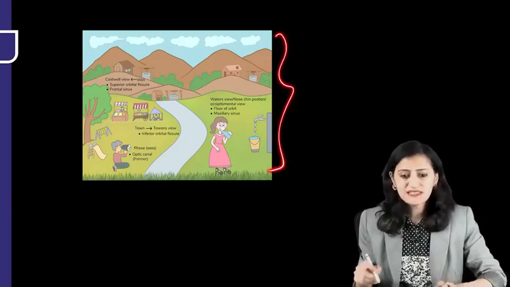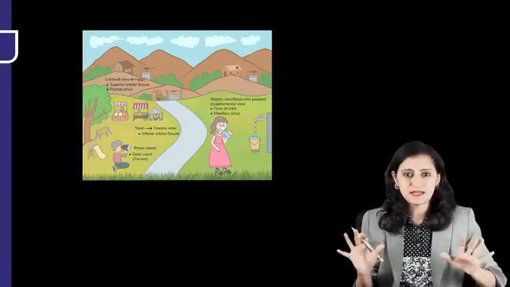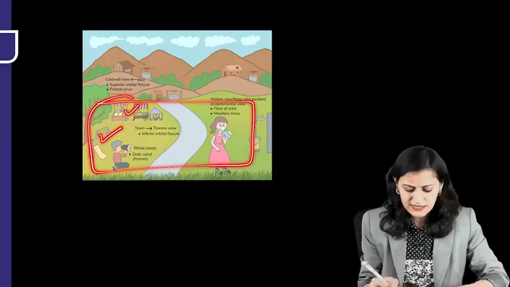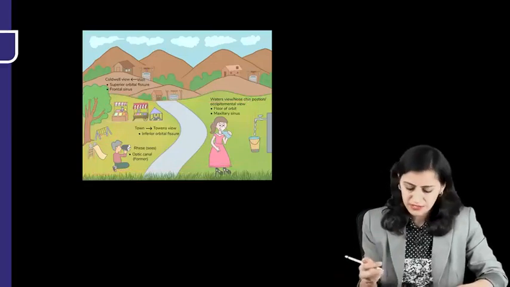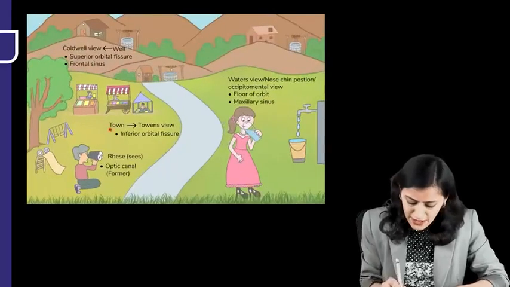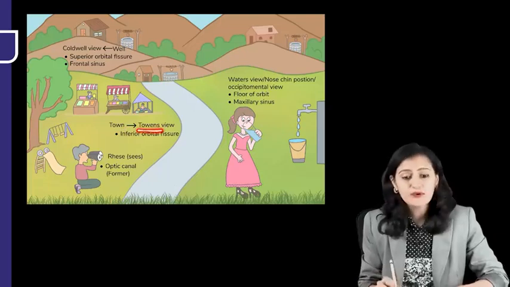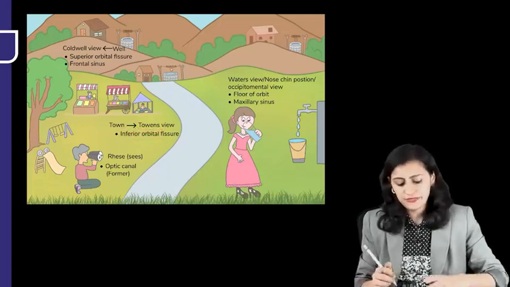Imagine there is a hilly place, and the main town where all the activities are, the park and the shopping area, is located down, inferior. Remember, town is down, that means inferior. So town is the Towne's view, which is done for the inferior orbital fissure.